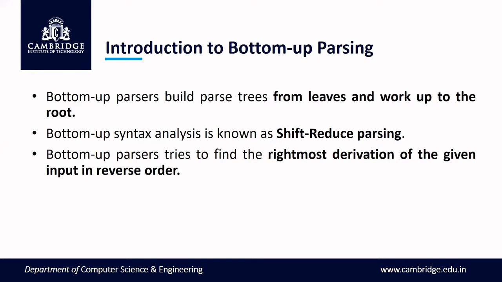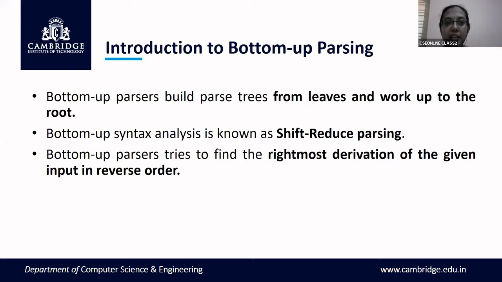Okay, so what is the main difference between a bottom-up parser and a top-down parser? In a top-down parser, the parse tree is constructed starting from the root node and goes down to the leaf nodes. But in the case of a bottom-up parser, the parse tree is built from the leaves and moves up towards the root node. That's the main difference.